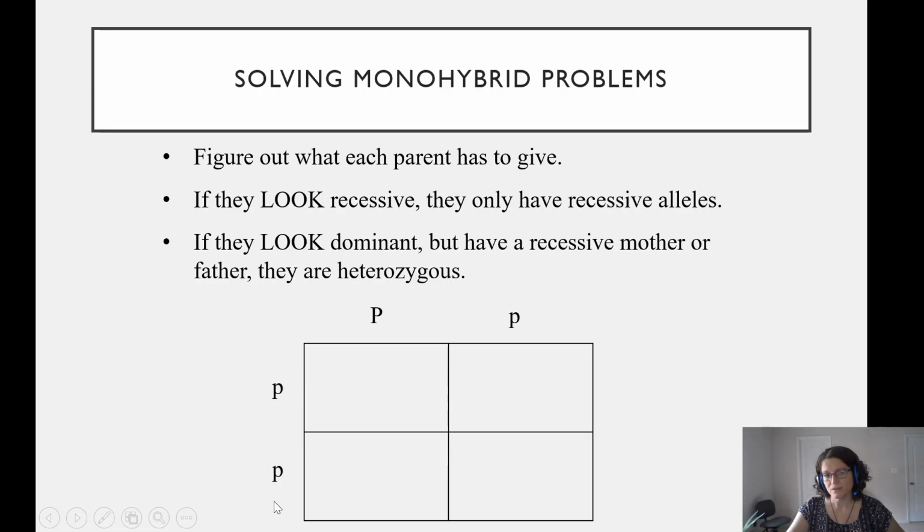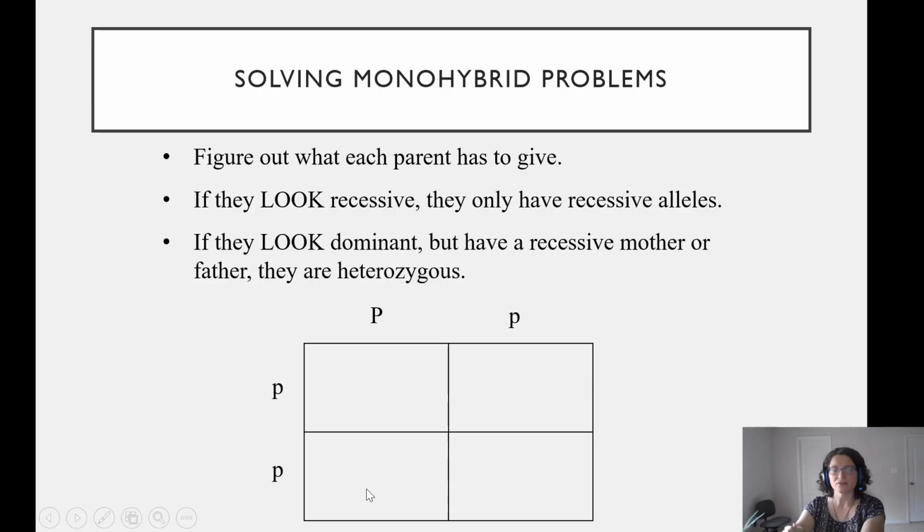So you would put one recessive expressing parent. That would be the little p. And your grandfather has blue eyes, but your dad has brown, therefore he's a heterozygote. Okay, so that's how you would do that.